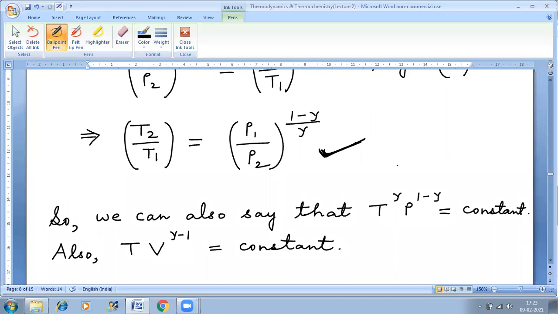So at the end, we can conclude this. For a reversible adiabatic process, I can obtain the three results. Which three? One is P V to the power of gamma is constant.